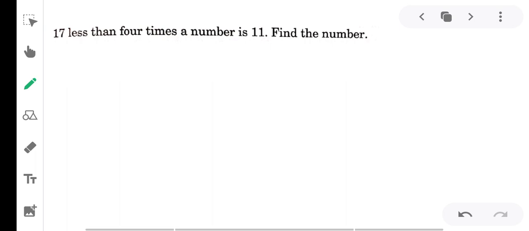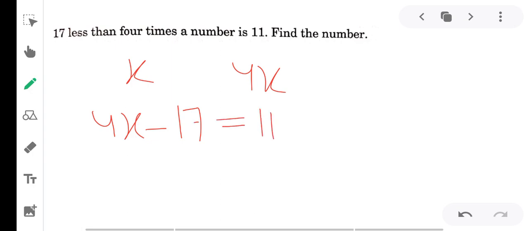Let the number be x. Then 4 times the number will be 4x. Clear? Now 17 less than 4 times a number means 4x minus 17 equal to 11. Then you have to find the value of x.